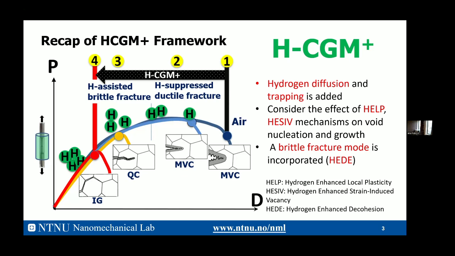So this model can predict both the hydrogen suppressed ductile fracture mechanism and the hydrogen assisted brittle fracture mechanism. It can predict the ductile to brittle transition of the material. I think that is the most important capacity of this framework.